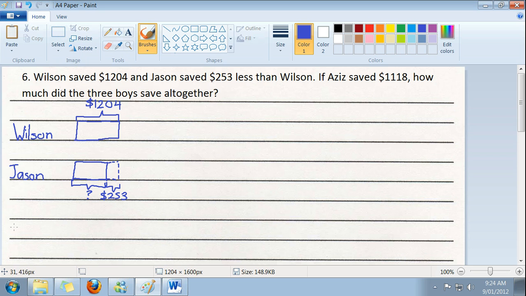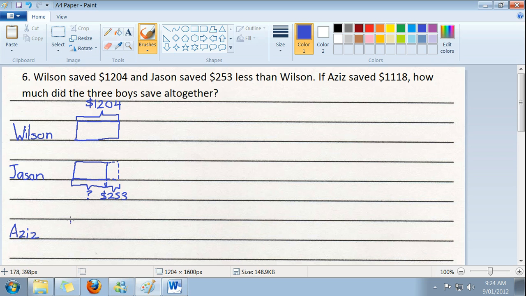Okay. Finally, Aziz. He saved $1,118. So his bar is going to be slightly shorter than Wilson's because obviously 1,118 is smaller than 1,204.